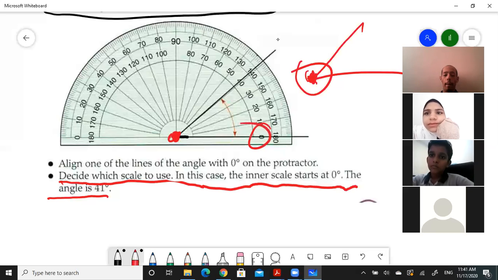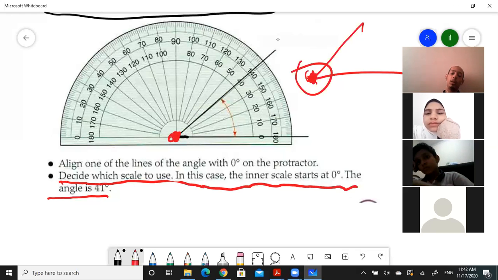Okay? We aligned it. What does it mean we aligned it? It means we exactly put it on the 0. So you can see this line is placed or aligned with the 0. Then you look at the second line. The second line lies on a point on the protractor, right?